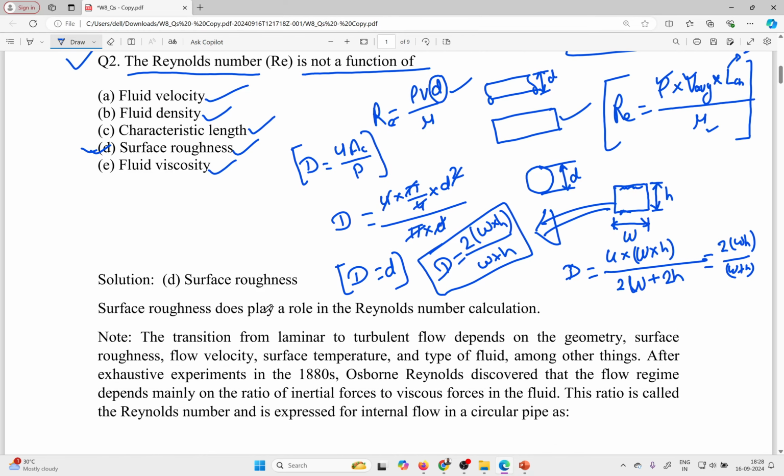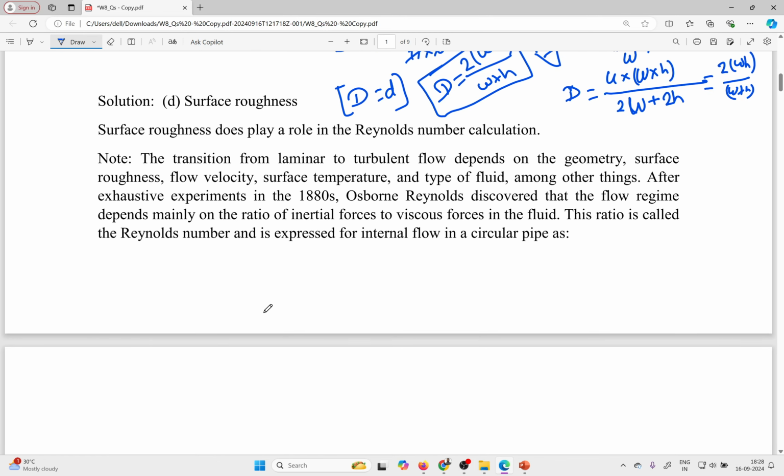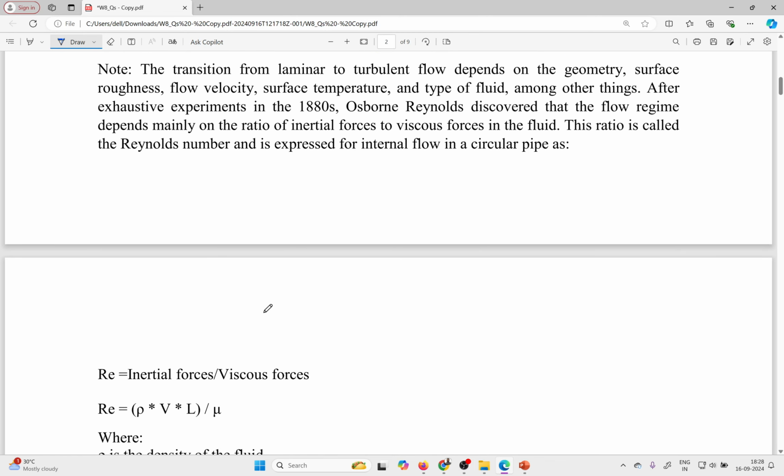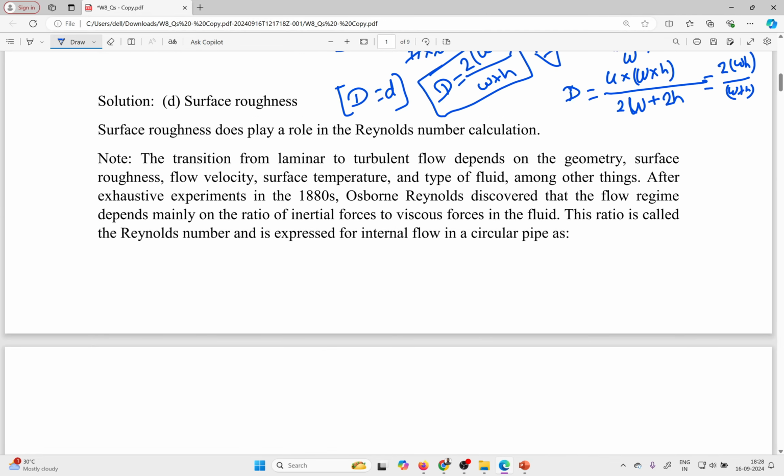Here you can read. The definition is there, but now I want to read it for you. The transition from laminar to turbulent flow depends on the geometry, surface roughness, flow velocity, surface temperature, type of fluid, among other things.